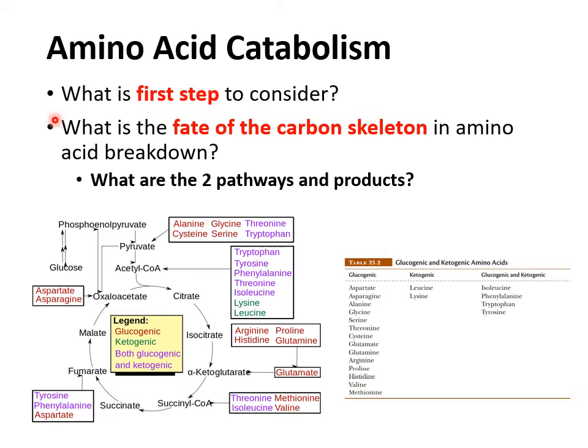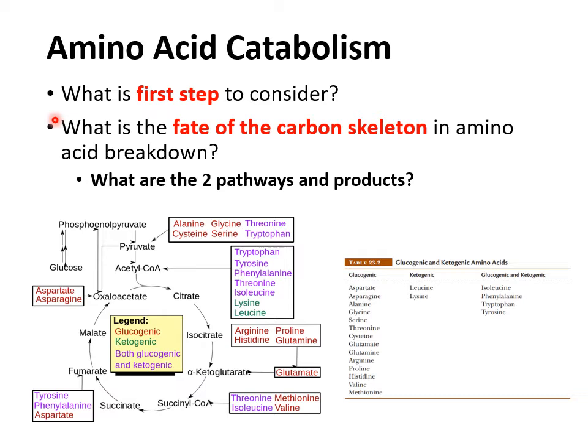Before we were building, now we're breaking things down, and you ultimately end up with transamination being important in both of these different events. Okay. Now, when you have the transamination occur, you end up with a carbon skeleton left behind.